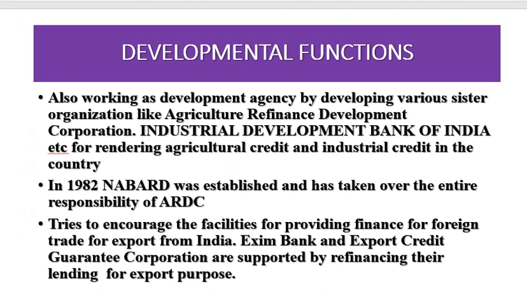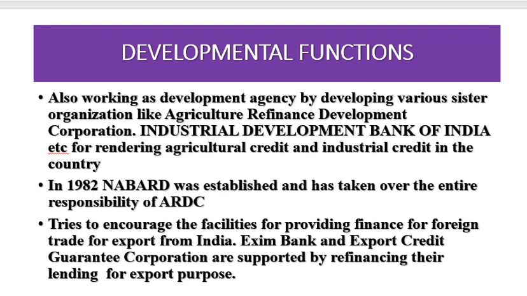It also works as a development agency by developing various sister organizations like the Agriculture Refinance and Development Corporation and the Industrial Development Bank of India. These institutions provide agriculture credit and industrial credit in the country.